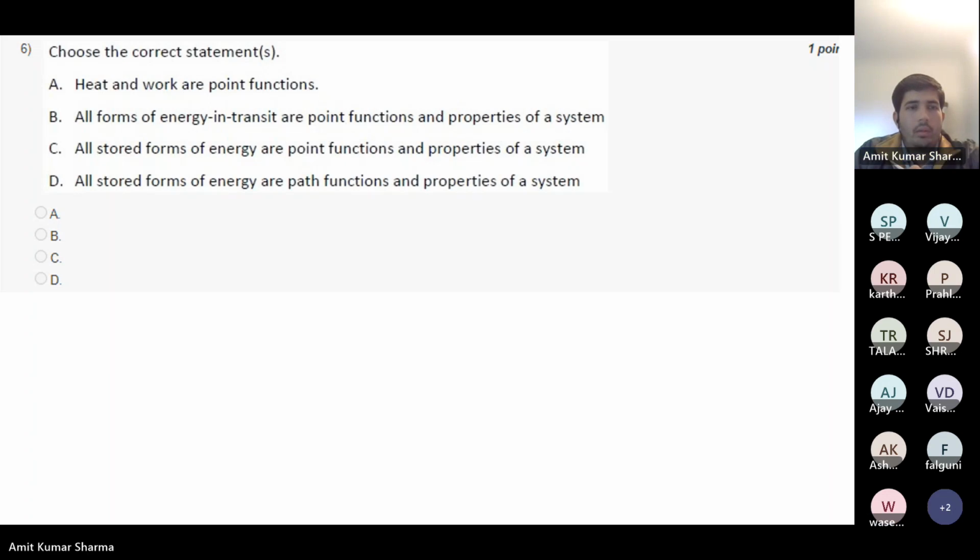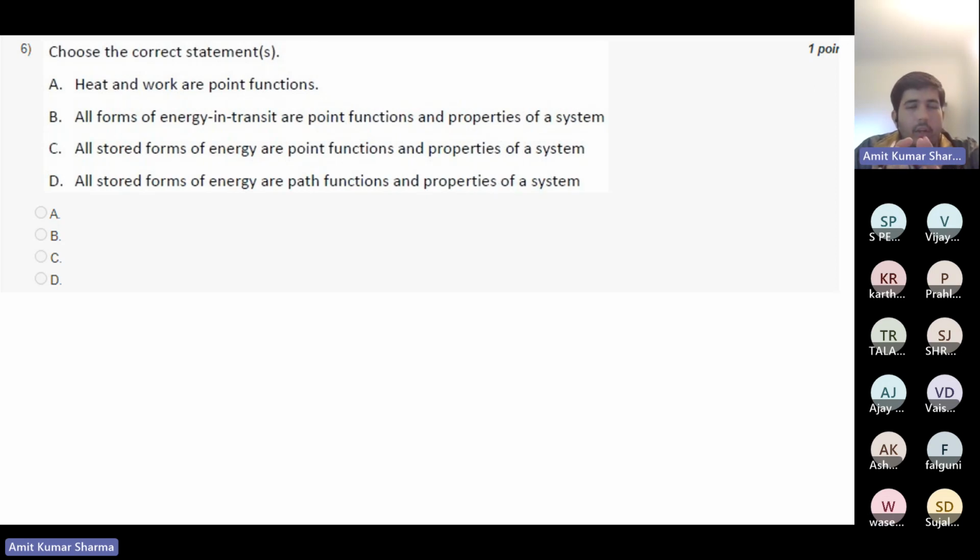Okay, so what do you mean by the property of a system? Property of a system is like volume is a property of the system, pressure is a property of the system, temperature is a property of the system.